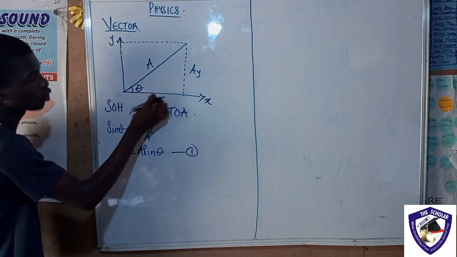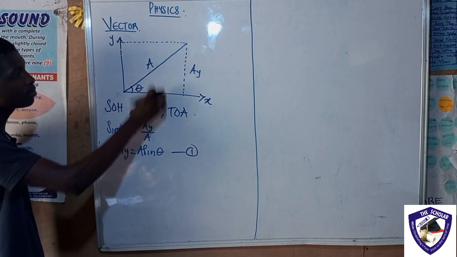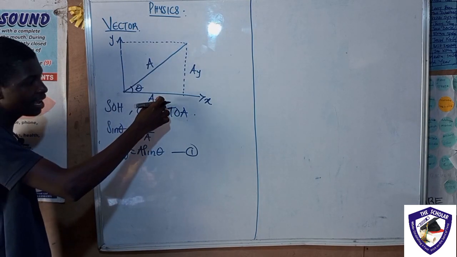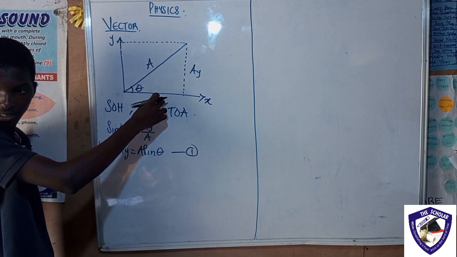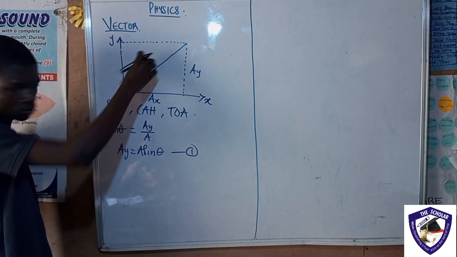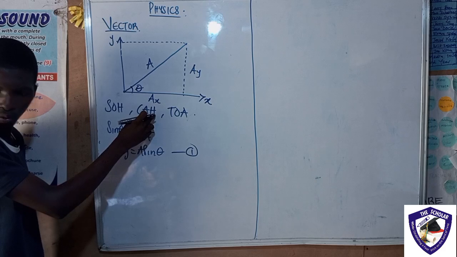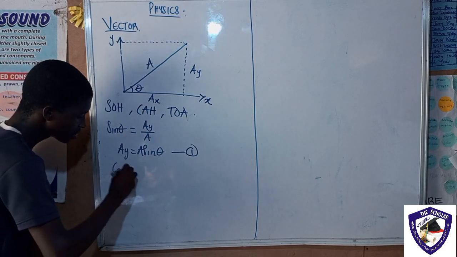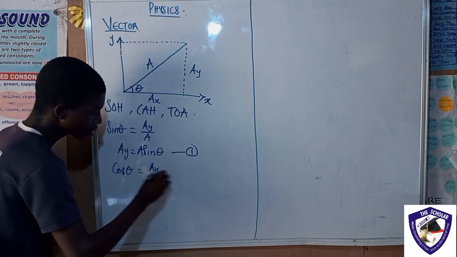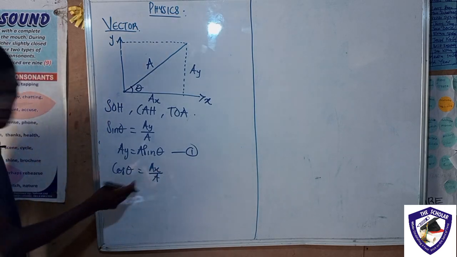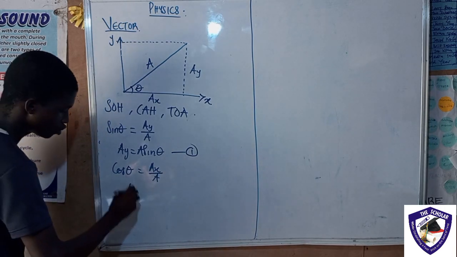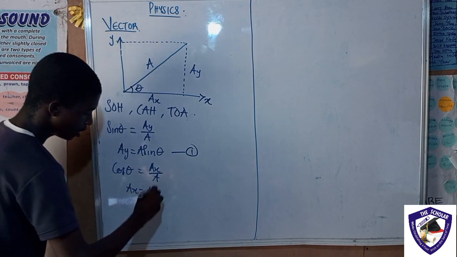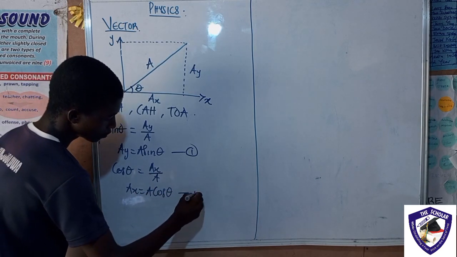Now, go back to AX. There's a relationship between A and AX. AX is our adjacent. Our A here is hypotenuse. Adjacent over hypotenuse, that is cos. So we have cos theta equal to AX over A. When we make AX the subject of formula, you have AX equals A cos theta.